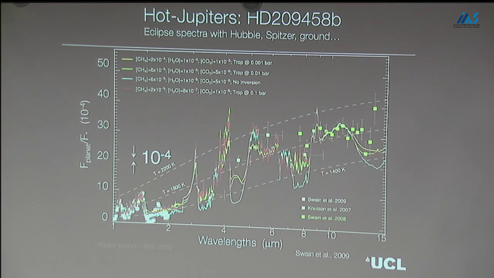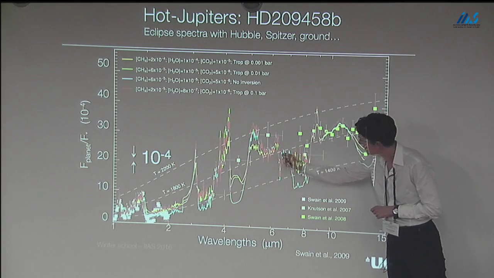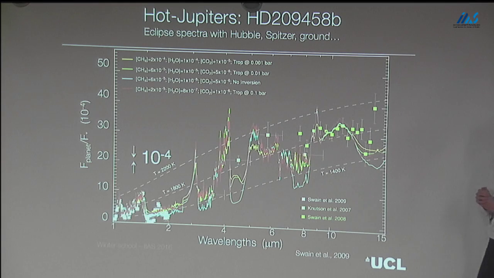So in some cases we are maybe able to suggest what are the molecules that can explain this behavior, but certainly when it comes to combining together the thermal profile and the molecule, as you can see here, many models potentially can explain the data. So this is a bit of a caveat on the degeneracy and the way we can interpret these observations.